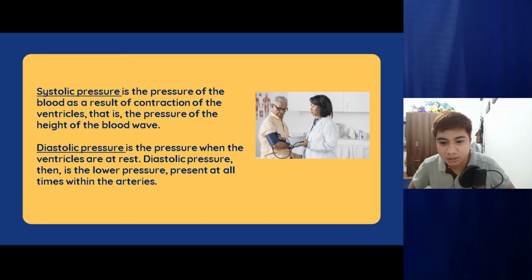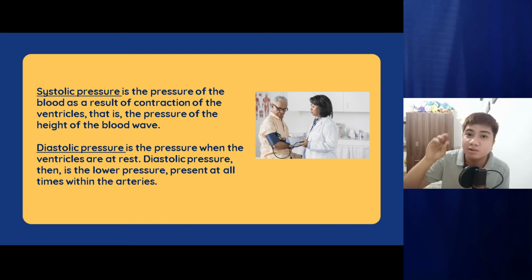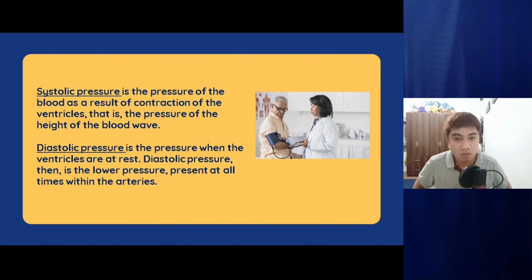That is the pressure at the height of the blood wave, every beat of our heart. And diastolic is the pressure when the ventricles are at rest. So systolic, your heart contracts; diastolic, your heart relaxes. These are the pressures monitored in our blood pressure, the systolic and your diastolic.